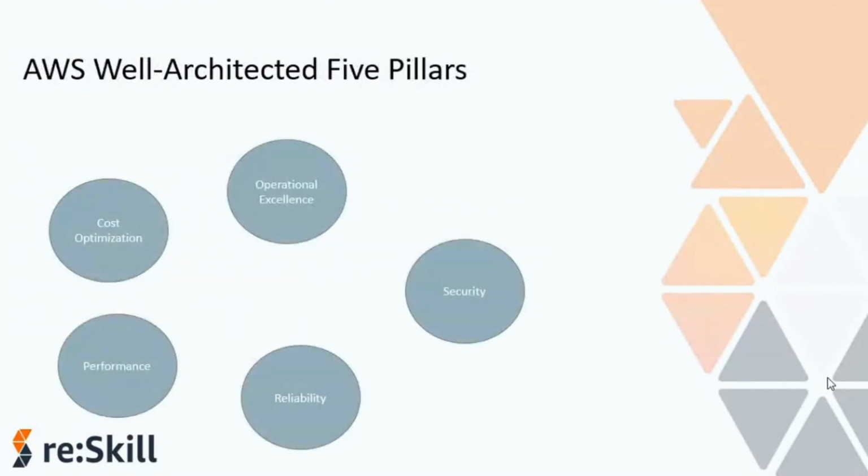Now let us look at how the AWS well-architected pillars have been designed. The AWS well-architected framework has been designed on the basis of five important key pillars, and these are the key pillars which we face on a day-to-day basis. Operational excellence is a critical pillar which we see on a daily basis.